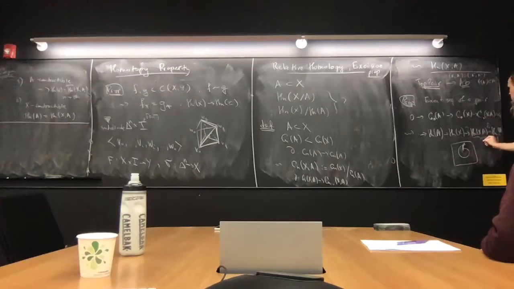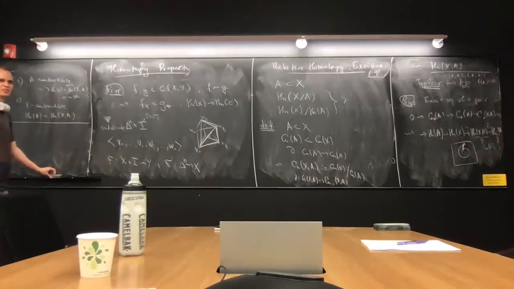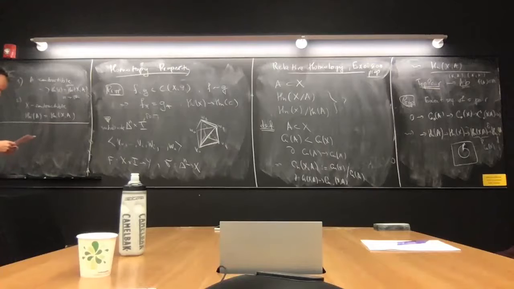So you can think of these as chains in X. Each representative you can take and think of as a chain in X, and then act on it with the boundary operator and get a boundary in A. Because initially it was a cycle relative to A, its whole boundary in X must be in A. So this says basically that the boundary operator acting on representative classes, they're all equal.